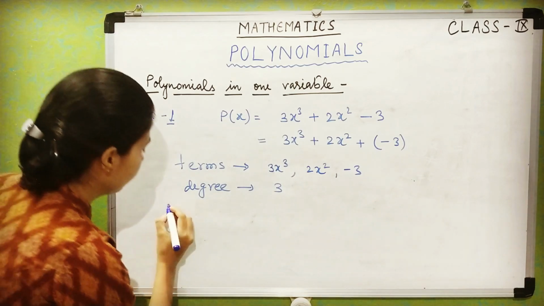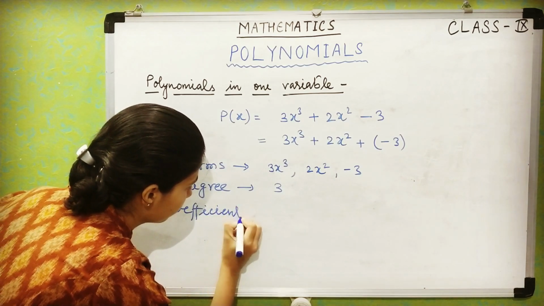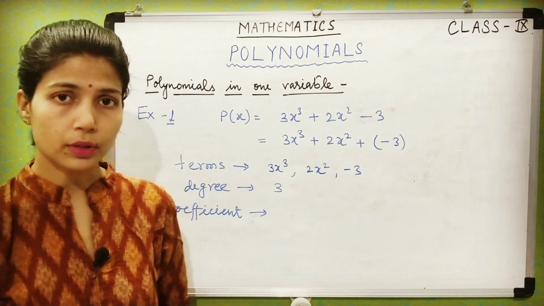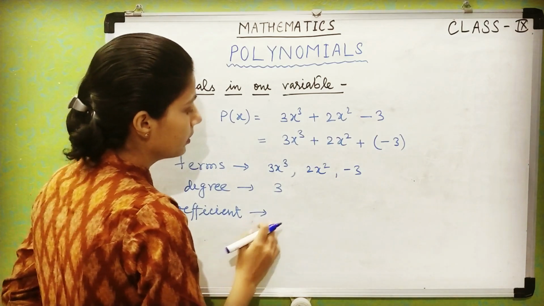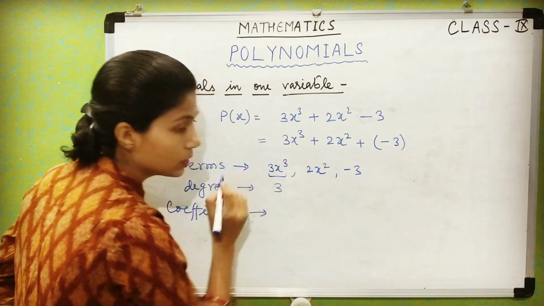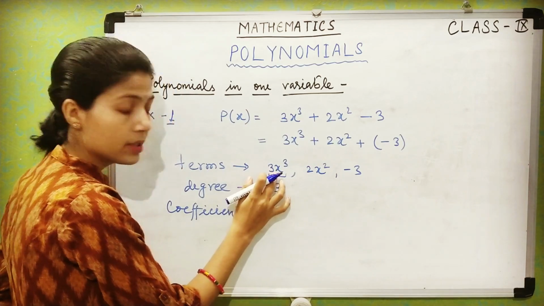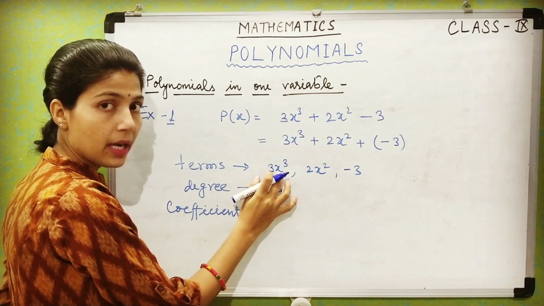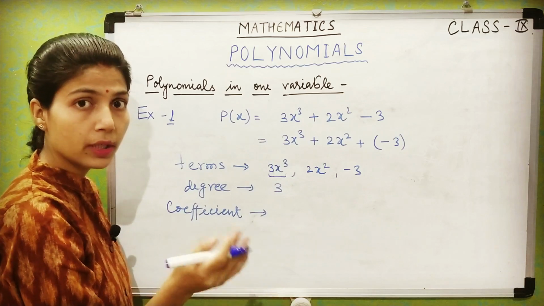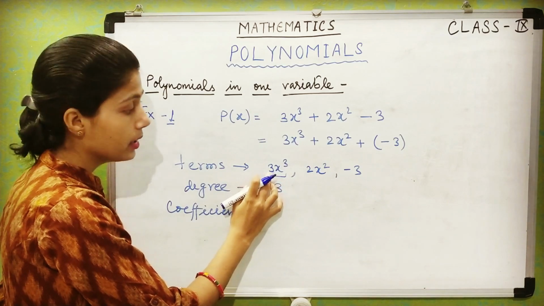Now come to the coefficient. Here we have to mention the variable. Suppose we are considering the term 3x cube. Here the coefficient is 3, the constant is 3, and the variable is x raised to power 3. If you multiply a constant with a variable, you get a term, so x cube is also a variable and it is holding a constant 3.